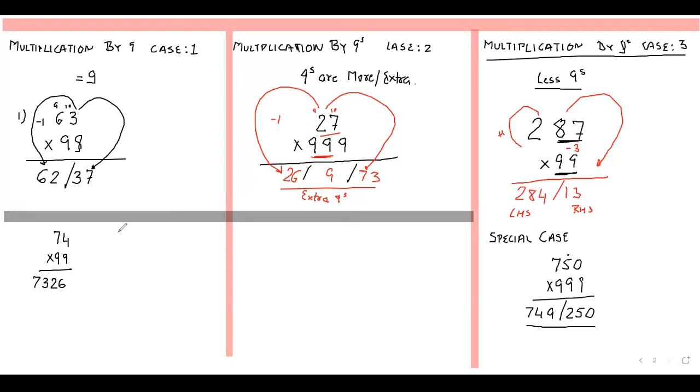Okay, tell me 532 into 999. 531 and... 467, 468. All from 9, last from 10. So 531468. Isn't it? Yes. Okay.